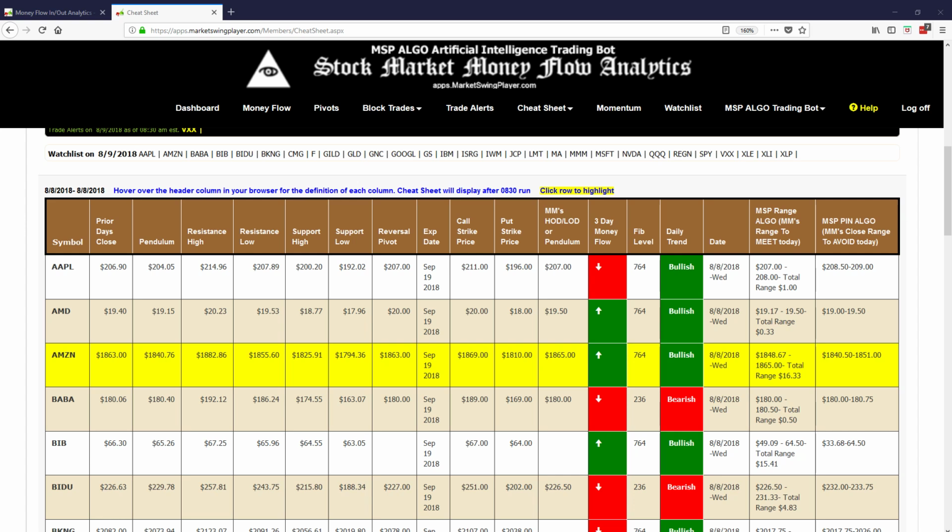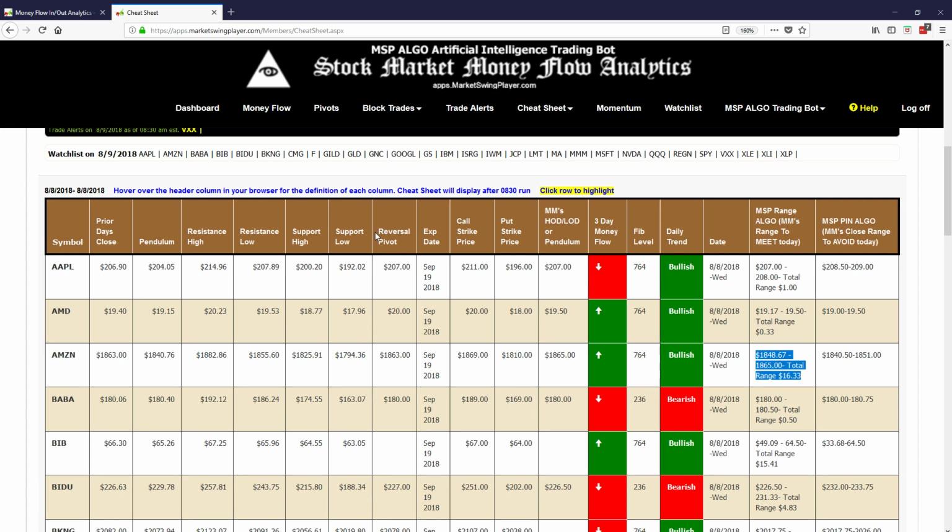We're looking at Amazon highlighted in yellow, and we added the support and resistance, the 1848, around 1849, and 1865.